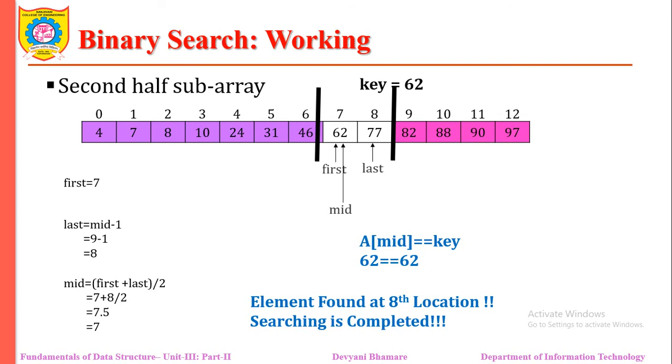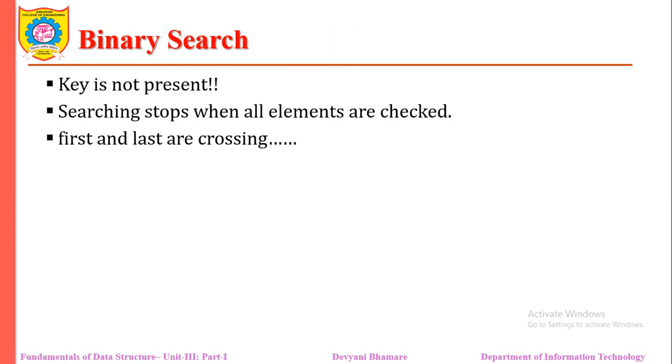And if the number is not present, then when should we say that the number is not present? The case is that when we are changing the locations of first and last, we get a situation where first has a higher index than our last index. So when the key is not present, the searching stops when all elements have been checked.